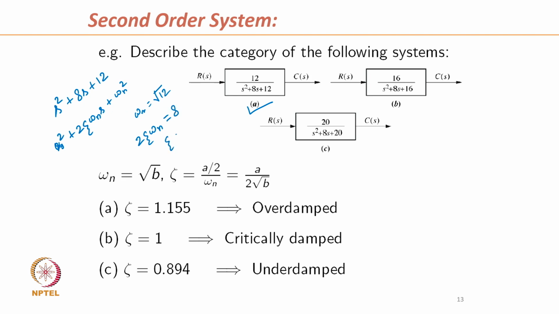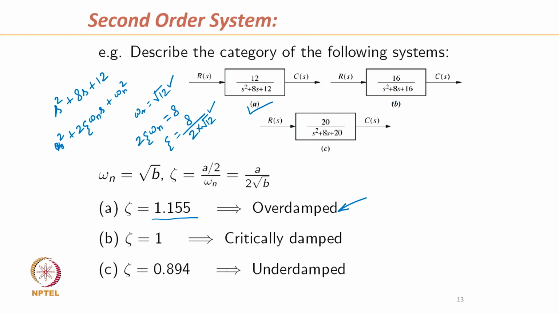So, zeta is 8 upon 2 into omega n, which is root 12. This is how you can calculate omega n and zeta, and based on the value of zeta you can specify which type of network it is. So, in the first case zeta comes out to be 1.155, which is an overdamped system.